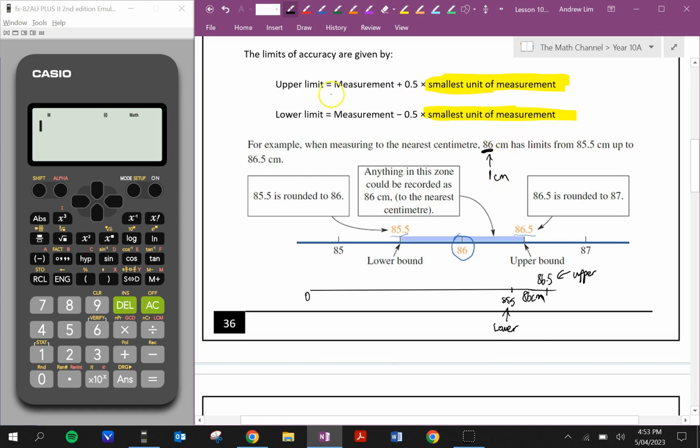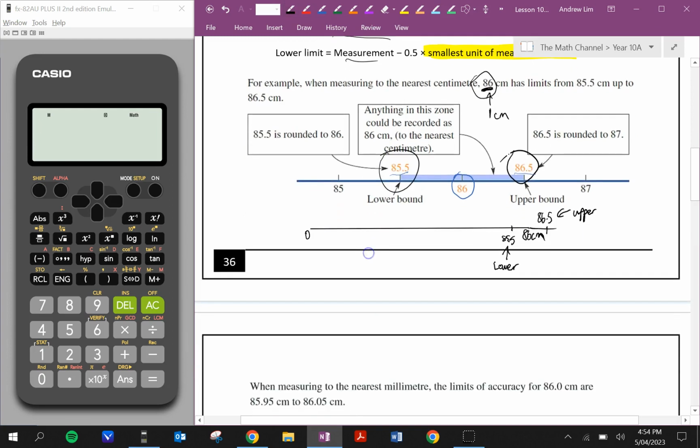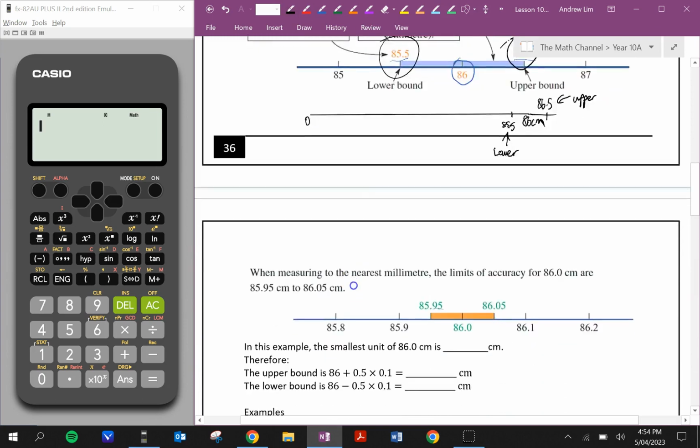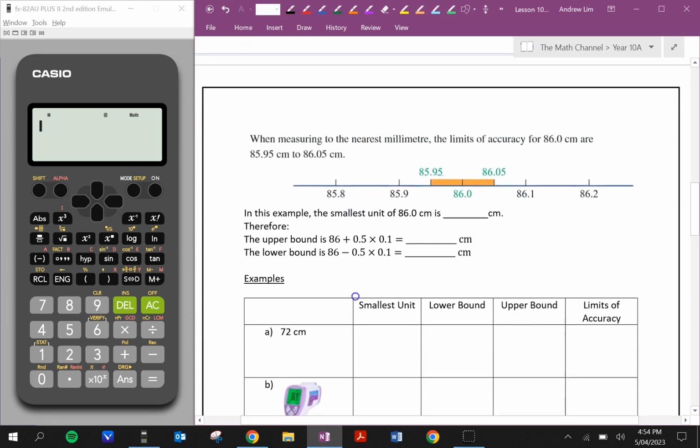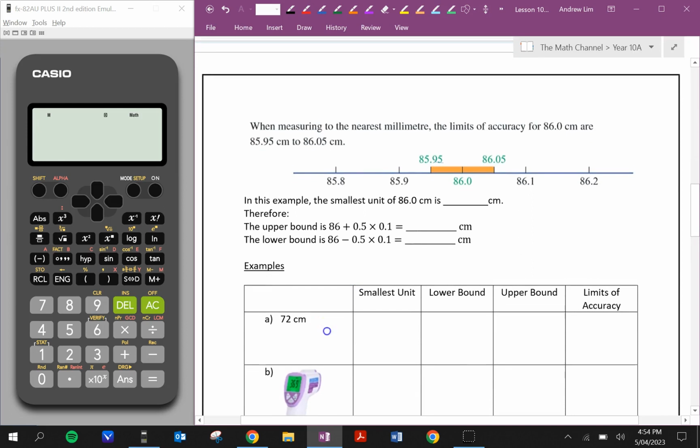We take our measurement and add the half a centimeter. That's how we got 86.5. Or we take our measurement and minus half the centimeter. That's how we got 85.5. That's if our ruler was only in centimeters and it didn't give us any millimeters at all.